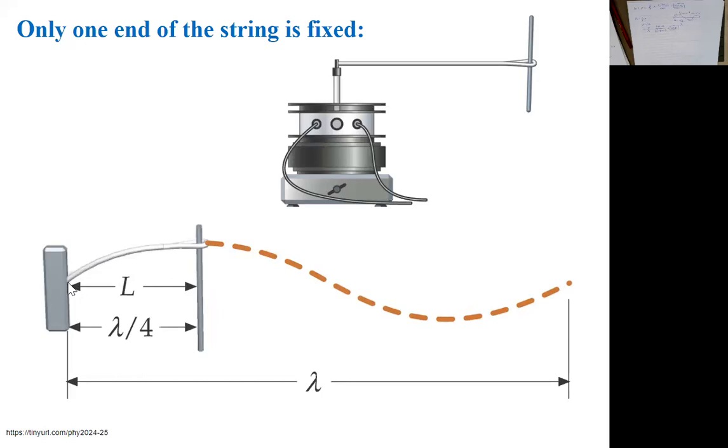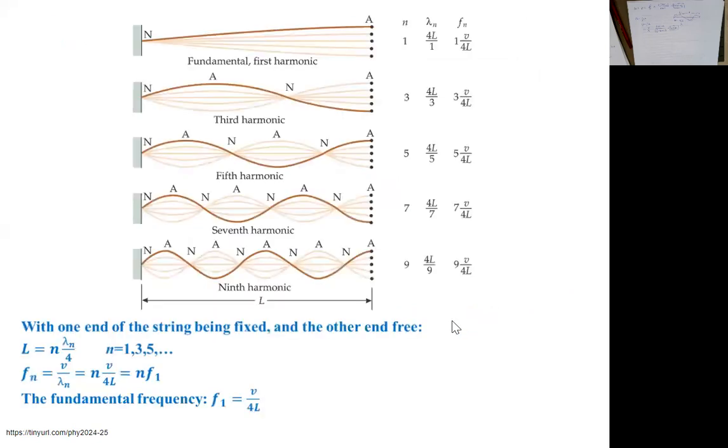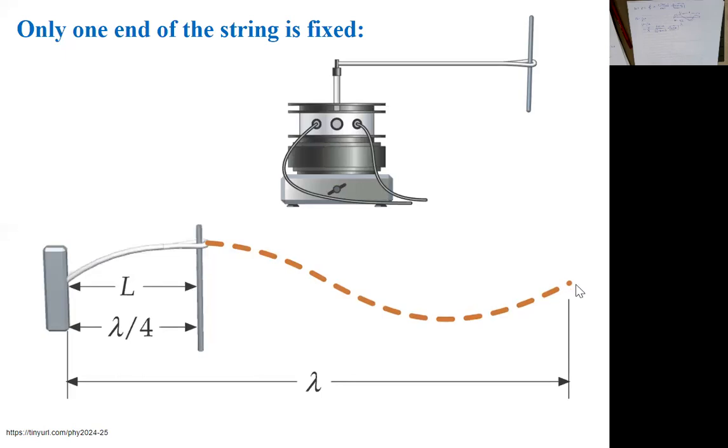So this end will be fixed, it's not moving, so this is one of your nodes. Now this end will be your antinode. Then you can extend it, so there will be a node somewhere here, an antinode, and then another node there.